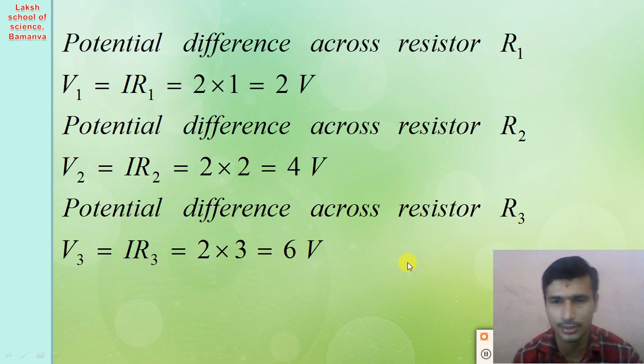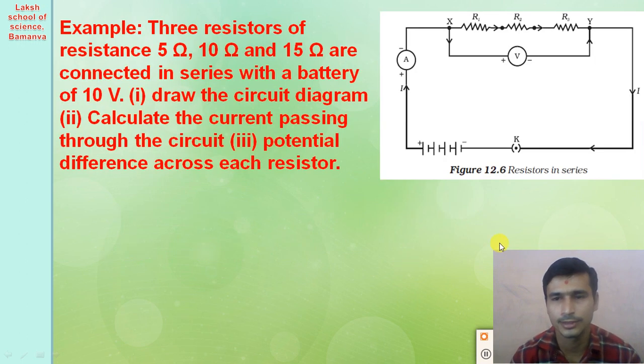So try yourself one example given here. Calculate the total current passing through the circuit and the potential difference across each resistor. A similar example is given to you. Three resistors of resistance 5 ohm, 10 ohm and 15 ohm are connected in series with a battery of 10 volt.